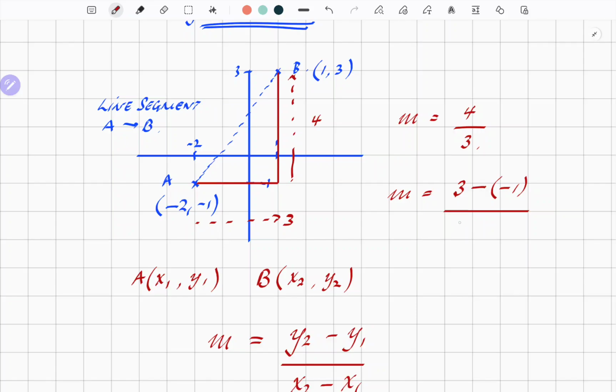And similarly for the x ones, B has x value 1. You take away from it the x value of A, which is minus 2. And always remembering, as you did, that minus minus is a plus. So 3 plus 1. And underneath it, the x difference is 1 minus minus 2.